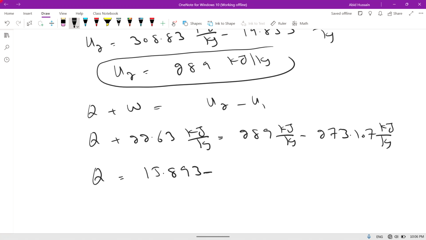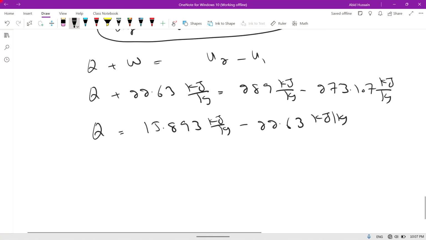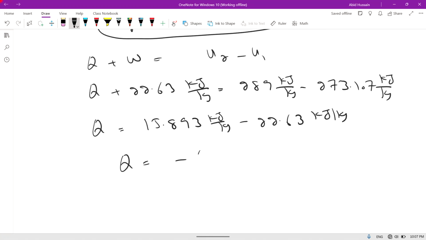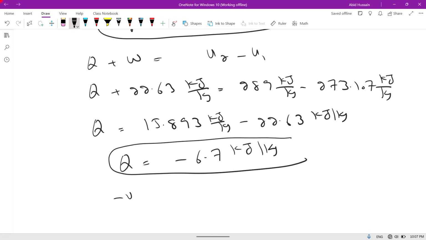Minus 22.63, shifted to the other side, will be minus 22.63 kilojoule per kg. So Q is equal to minus 6.7 kilojoule per kg, and the answer is negative. Negative sign means that heat is rejected.